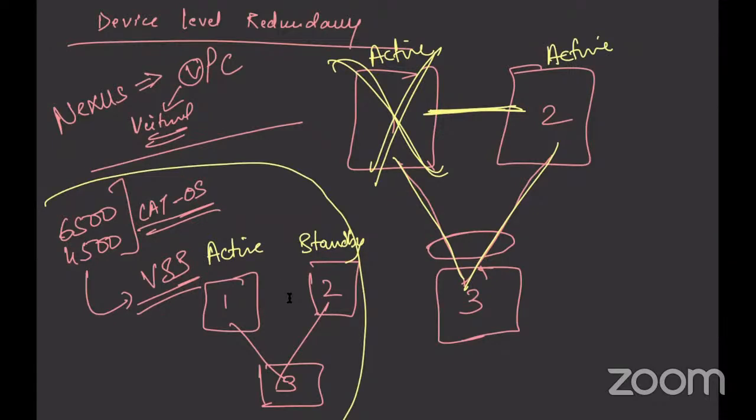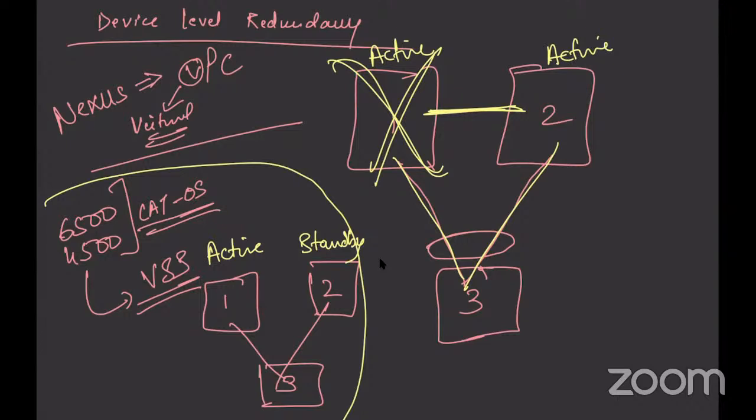So the next 7K, are they going to be obsolete? 7K, yes. They have not made it obsolete, but they already made the end of sale announcement. I think in 2021 they made the announcement of 7K, not for 7700.